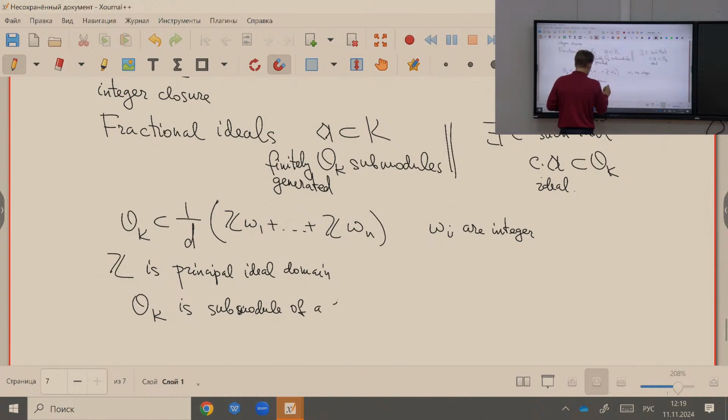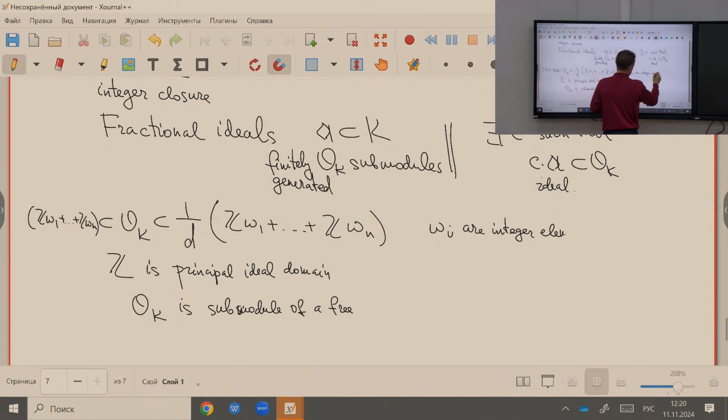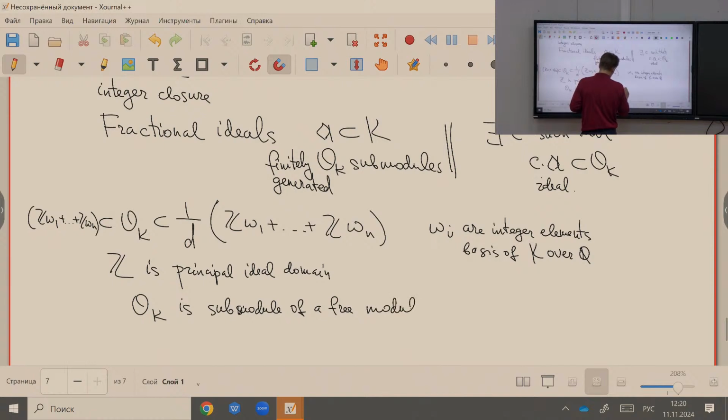O_K also contains Z omega_1 plus ... plus Z omega_n, integer elements, and they are a basis of K over Q. And O_K is a submodule of a free module, then O_K is free.